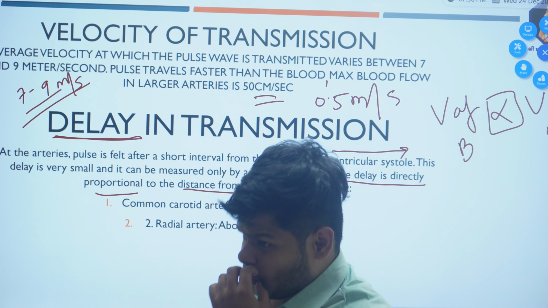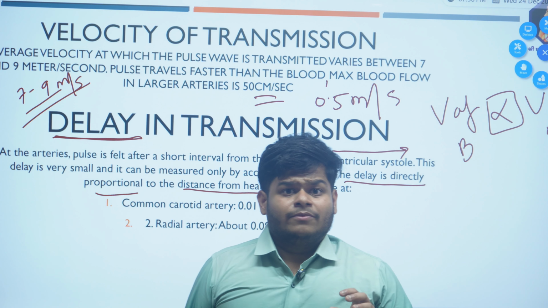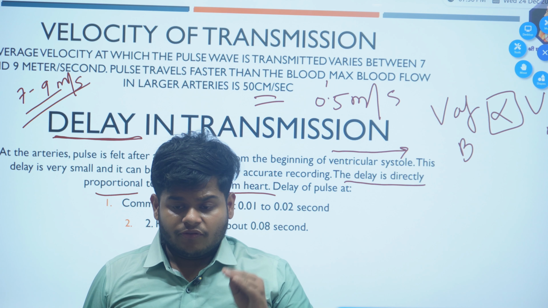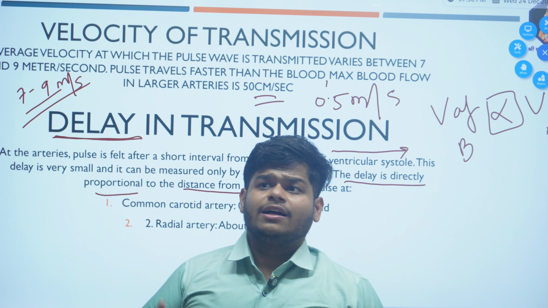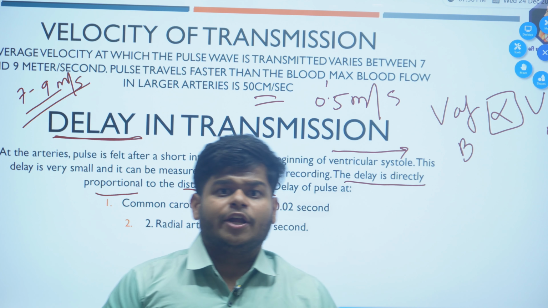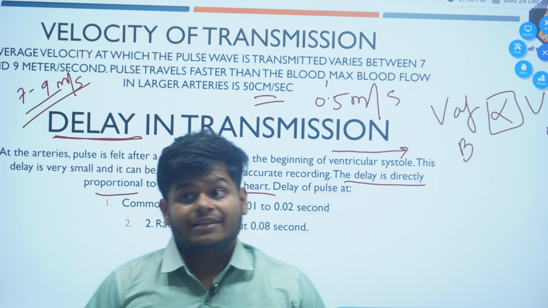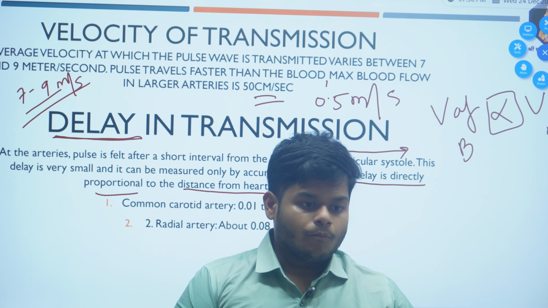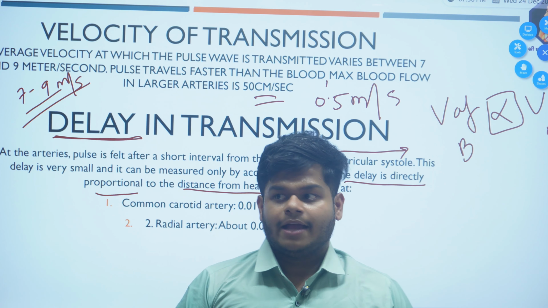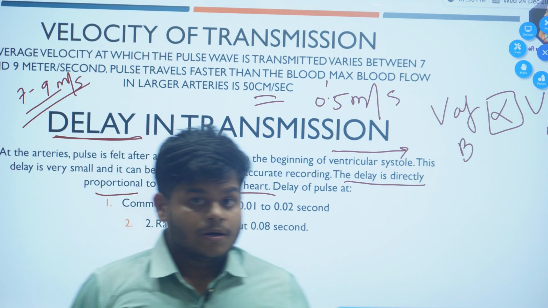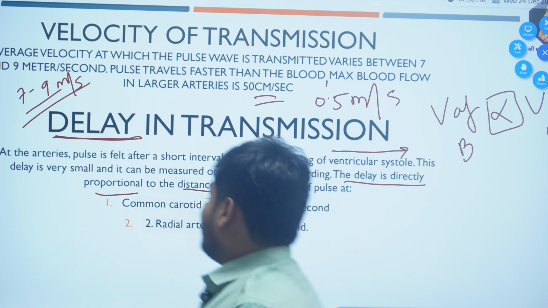Now, the time taken to reach from Mumbai to Pune will be different from that of reaching from Delhi to Pune. Mumbai to Pune will take less time, and from Delhi to Pune it takes more time as compared to Mumbai to Pune, right?